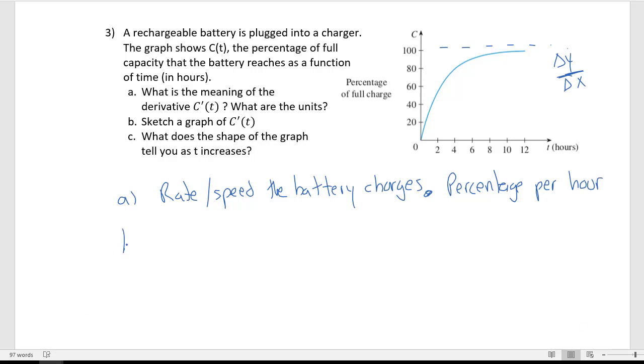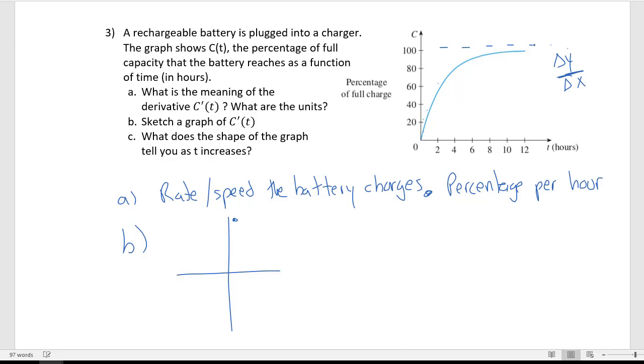Letter B says sketch a graph of the derivative. So I don't have these lined up together, but let's think of what we just discussed. So initially the slopes are pretty large. They're positive. So initially here in the beginning the slopes are pretty large, positive. And then as I move, the slopes are still positive, but they're getting a little flatter and flatter.